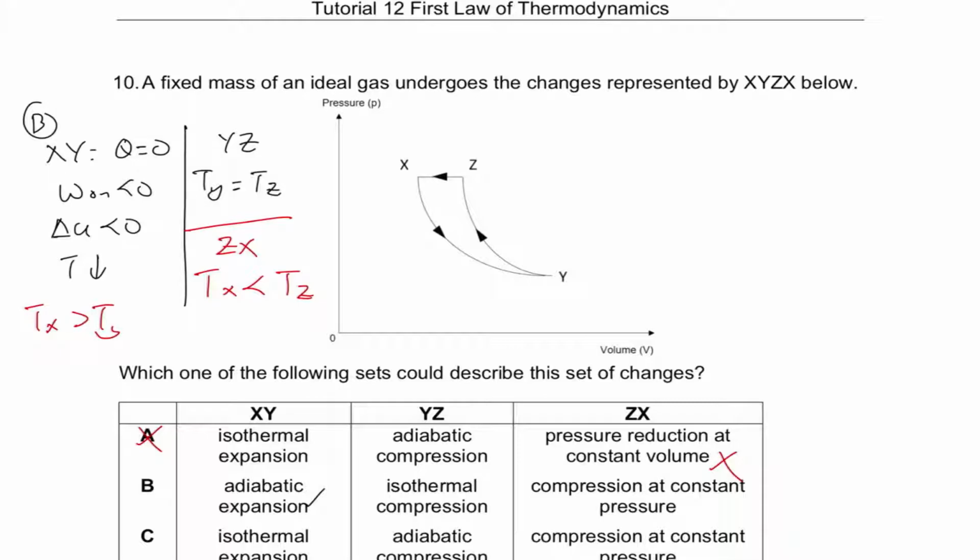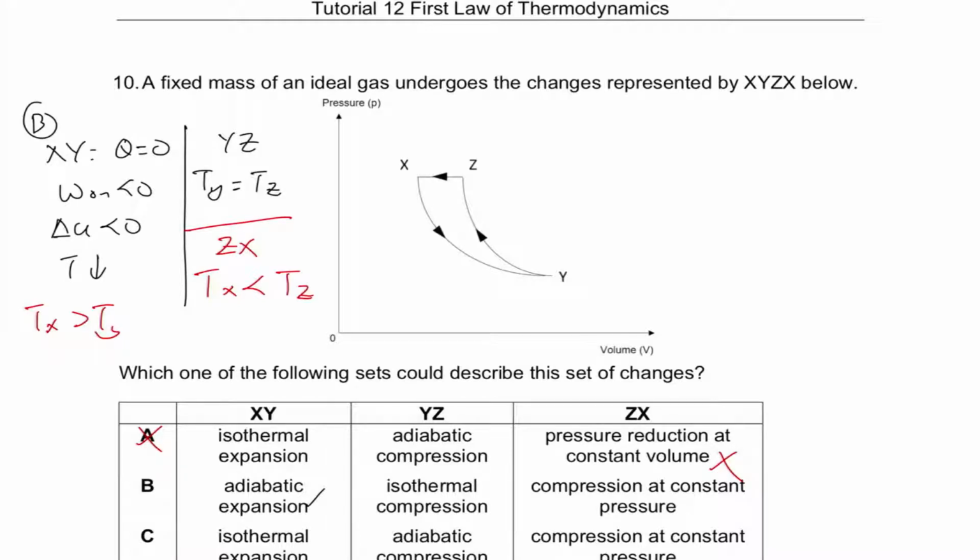And Ty is the same as Tz, so these two conditions cannot be true at the same time. Remember this leftward movement will cause my temperature to drop, because I'm going at the same pressure to a lower volume. So this is not correct.